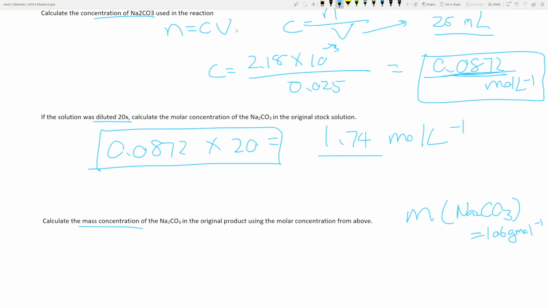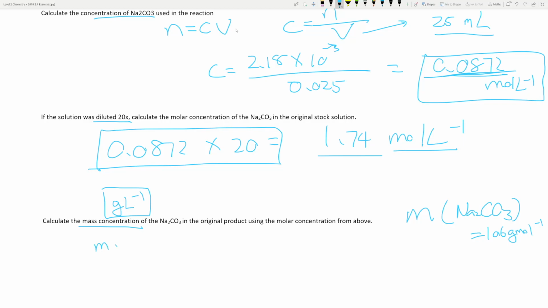The mass concentration is measured in grams per liter. Normally the concentration is measured in moles per liter, but not everyone does chemistry. If you tell them the concentration of something is moles per liter, they probably don't understand what that means. So what we do is convert that to grams per liter, because everyone understands that in a liter there's some certain number of grams, and that makes more sense.